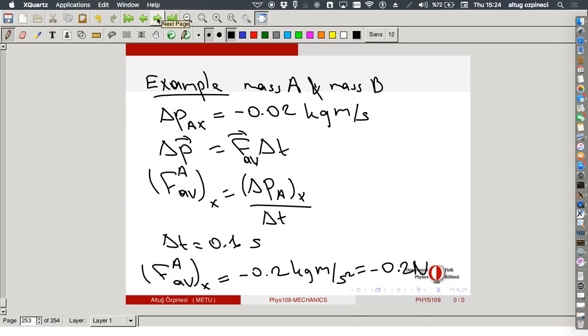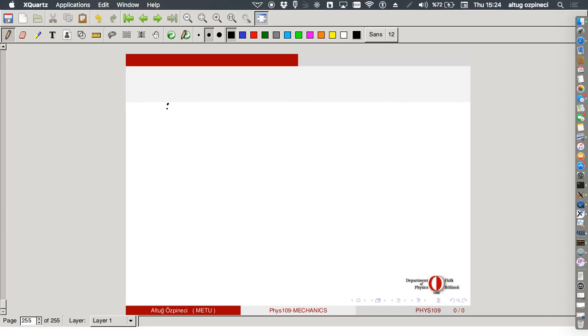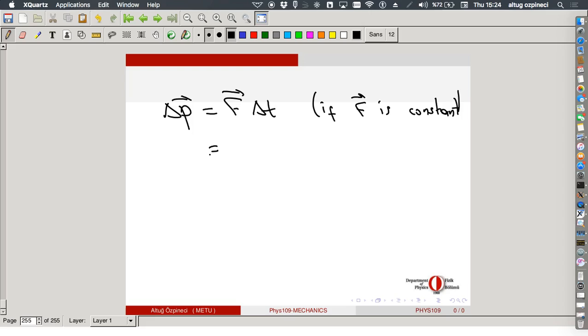Now this number, the change in the momentum, delta p, which we wrote as F times delta t, if F is constant, or if F is not constant, we can write it as the integral of F of t dt from the initial time to the final time.